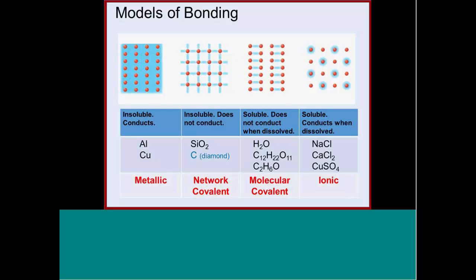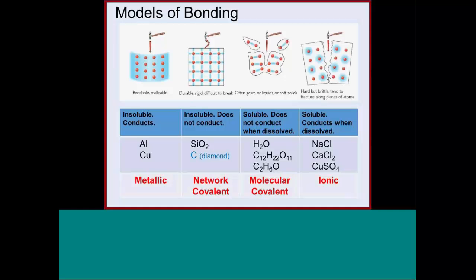Now, what's interesting about these models and what we show is we really want to emphasize relating macroscopic properties with these visual representations of what the atoms are doing and where the bonds are, where the electrons are, how these atoms are glued together. And in the student book, we actually show what happens when we dissolve in water for each of these bonding types. But let me show you another cute cartoon.